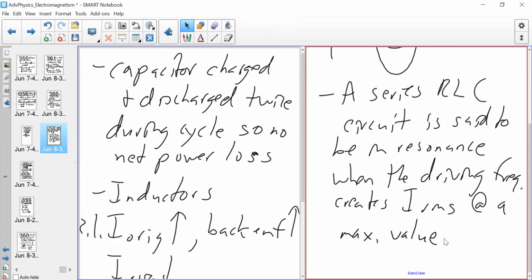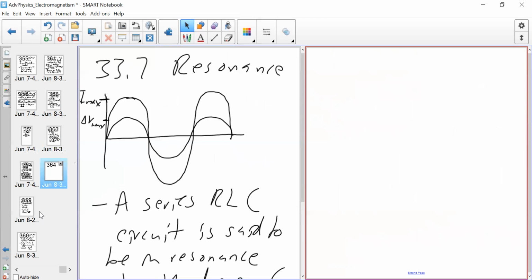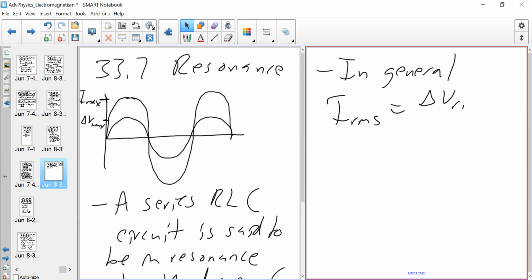Well, how does that happen? So let me just set some things up. In general, IRMS equals delta V RMS over Z, and Z, why?